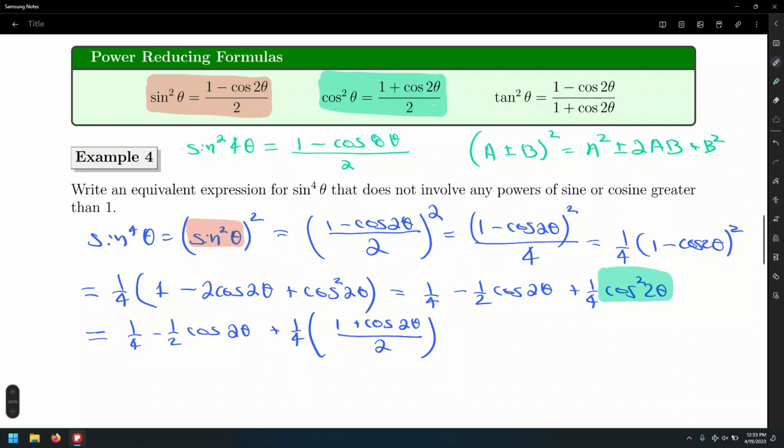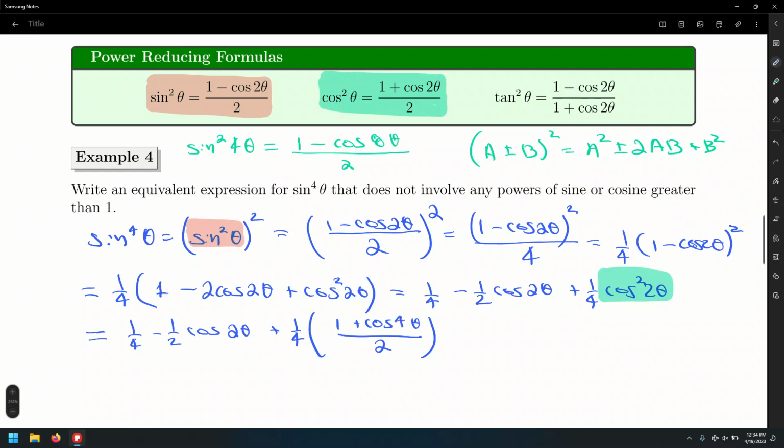And I made a mistake on purpose here to see if you can catch it. What's the mistake? It should be a cosine 4 theta, right? Remember, if we start with a different angle, every time we use the power reducing formula, we have to double the angle we start with. So in this case, we started with 2 theta, that has to become a 4 theta.